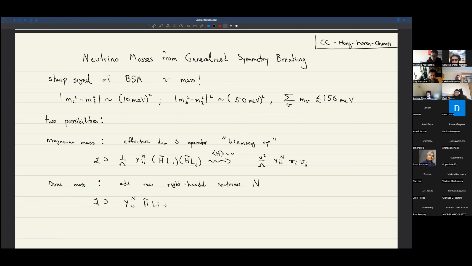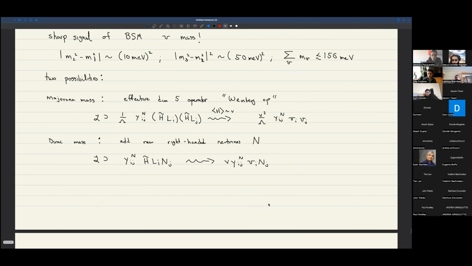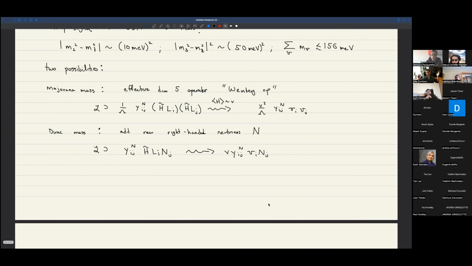So we can have something like this. And then after the same expectation value of the Higgs, we end up with a mass of this form. So a kind of Dirac mass term. Those are the 2 qualitative possibilities for neutrino masses, and in general you could envision some kind of mix of them.